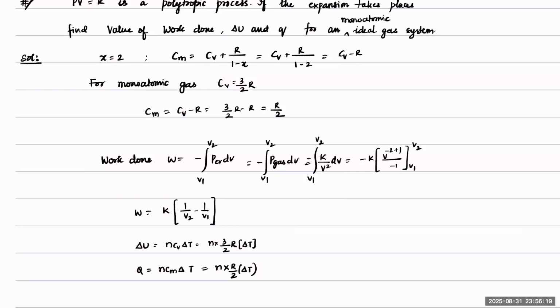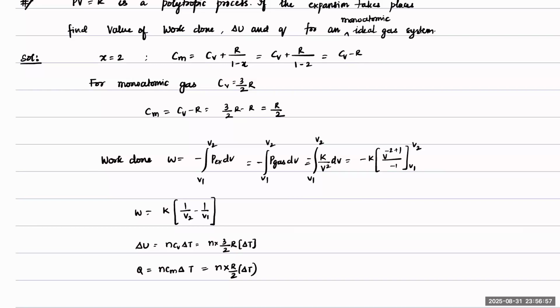Suppose the question asks us to comment on the temperature factor, let's say, when there is an expansion here. As you increase the volume, what happens to the temperature? Due to expansion, volume increases, which means V2 has to be greater than V1.